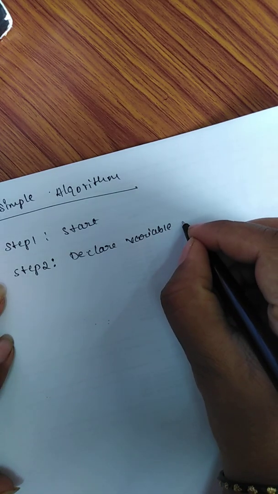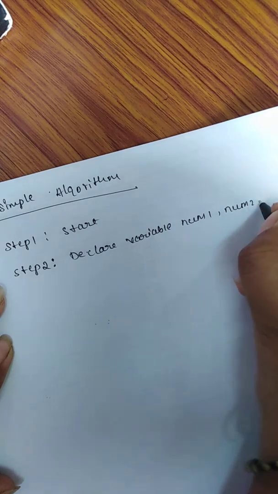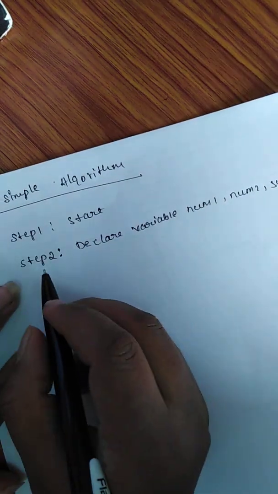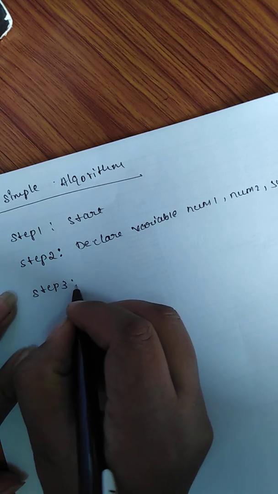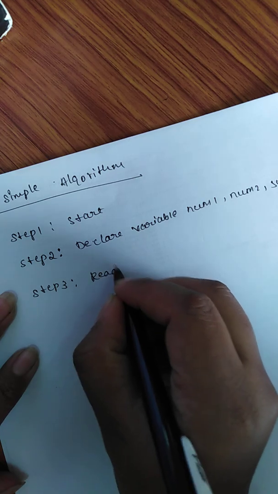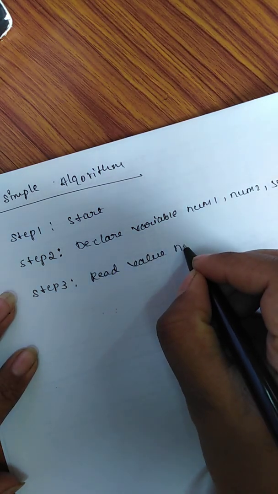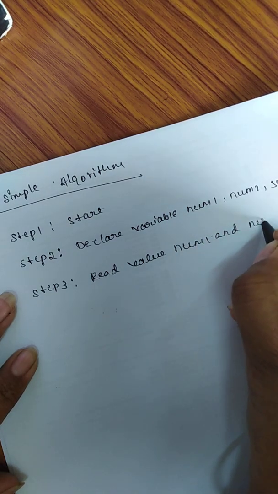What variables will I declare? num1, num2, and sum. This is the second step. The third step is to read the values, num1 and num2.